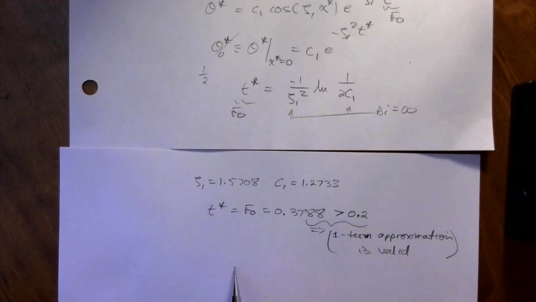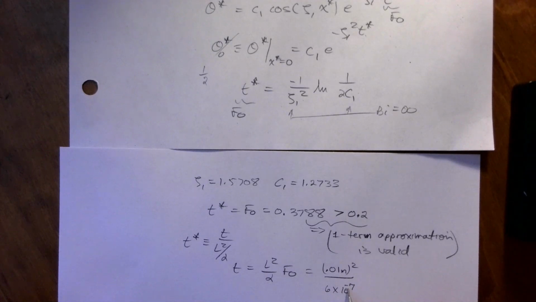So now to solve this for the time, remember that t star, or the Fourier number, is defined as the time divided by L squared over alpha. So now solve this for the time. Take the time scale to the other side. It's L squared over alpha times that Fourier number, or t star. So 0.01 meters squared divided by alpha, which is given as 6 times 10 to the minus 7.